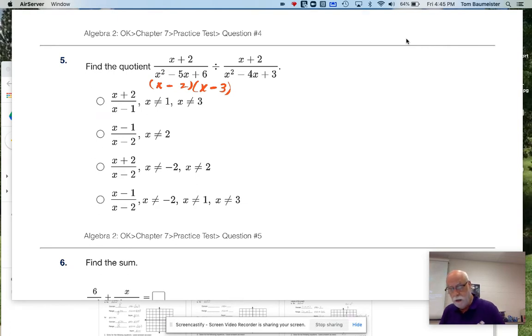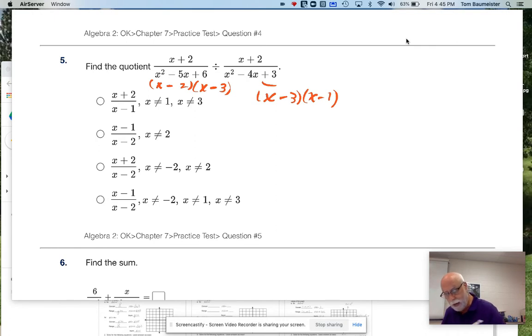And then let's see on this one here, again, let's just go ahead and factor it before we can do that. So I'm going to look at that. I'm going to have x minus 3 and x minus 1. Okay, just remember what I kind of said. Now remember, the rule is this.